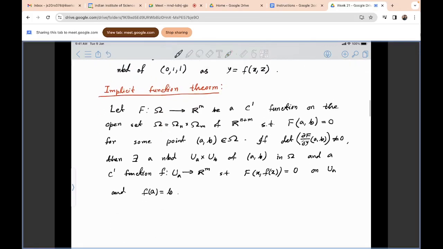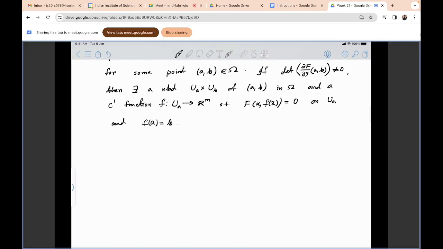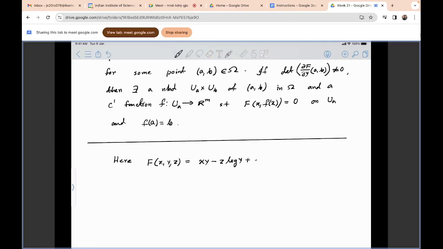So here we define f of (x, y, z) to be xy minus z log y plus e to the power xz minus 1.